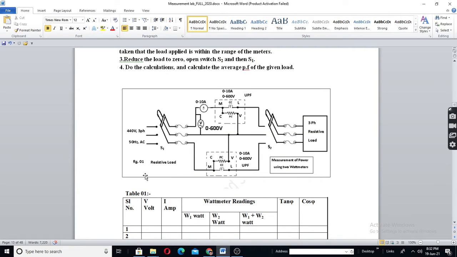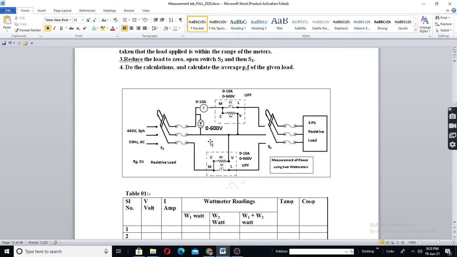Three-phase supply, three-phase load, two wattmeters, one here W1 and W2. Ammeter and voltmeters are there just for indication. For power measurement, there is no need of ammeter and voltmeters.